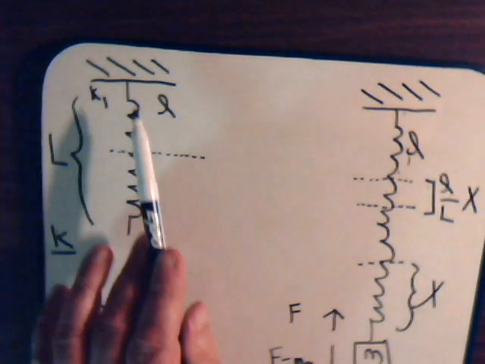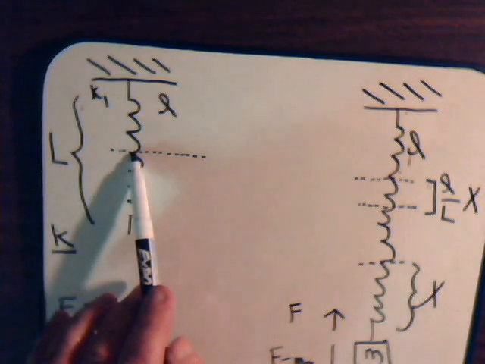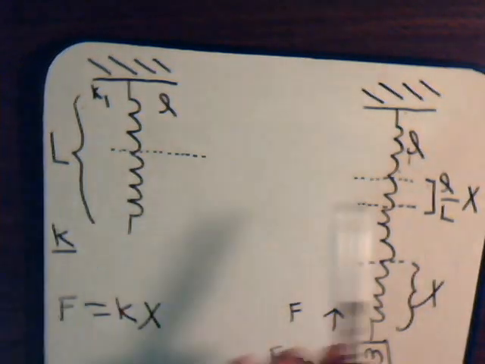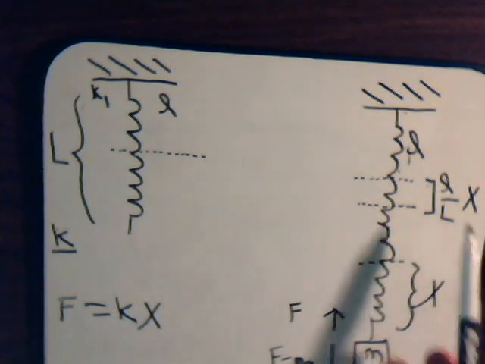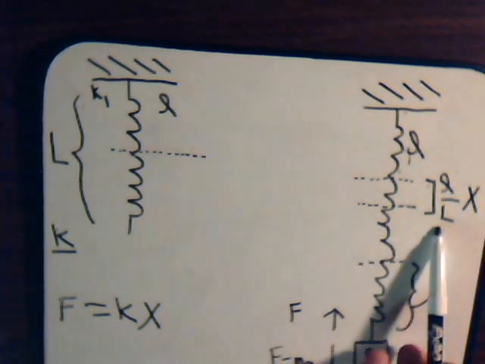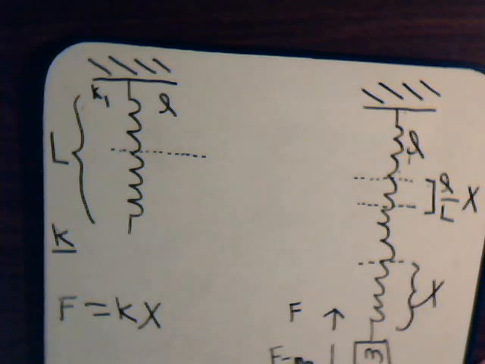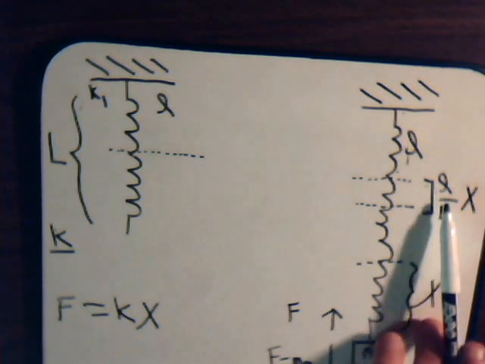So this was of length l, then we added the weight to it, and this gets displaced down to here, this distance, small l divided by capital L times x. Of course, if we were all the way down here, that small l equaled capital L, then it would just be the displacement x.